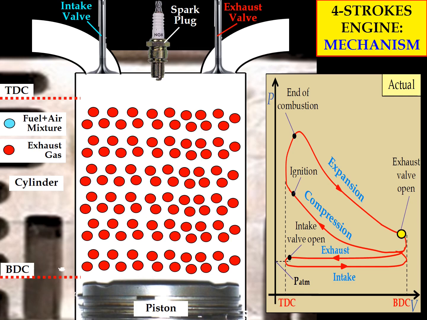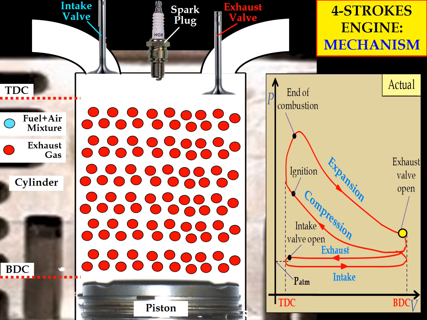Next, in order to remove the exhaust gas or combustion product from the combustion chamber, the piston must move upward to push the exhaust gas out and release it to the surroundings. For this process, the exhaust valve must open to allow the exhaust gas to be released to the surroundings.